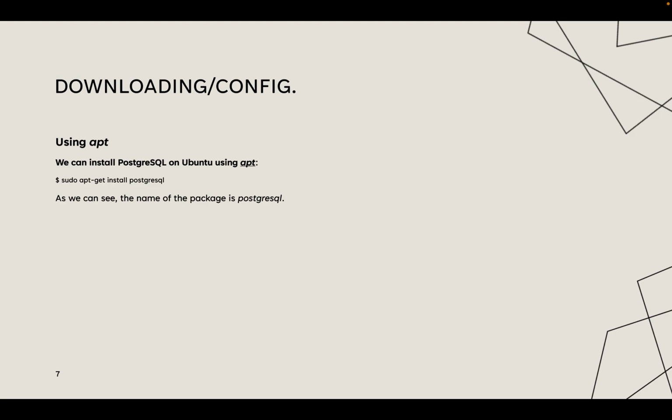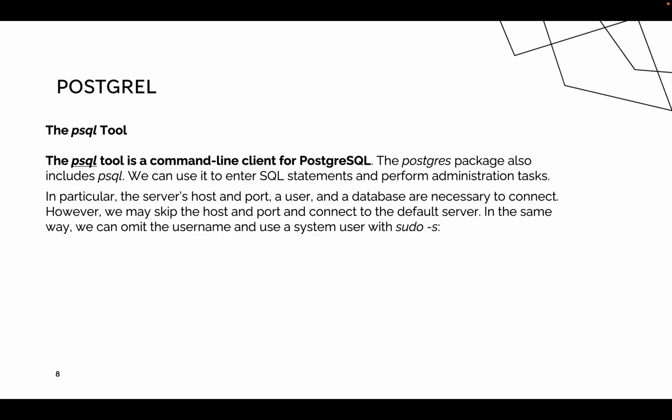So to download and configure, you're going to use APT: sudo apt update, and then sudo apt install postgresql, and that will download the package for you. And then the psql tool is a command line client for the operation. The Postgres package also includes psql.